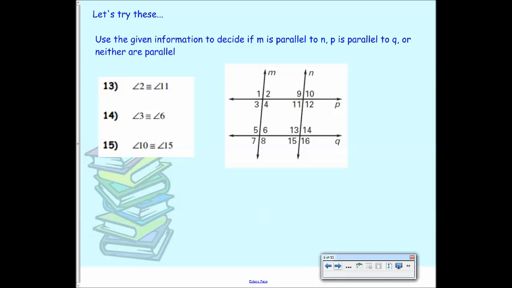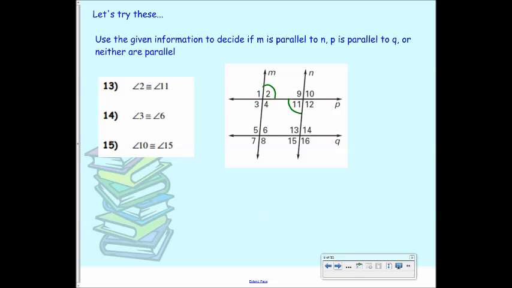So we've got angle 2 right here and angle 11 right here. Now, which is the transversal that 2 and 11 are on? P. P is the transversal because P is the one that crosses both of them. It touches both of them. So then which lines would we be trying to prove parallel here?